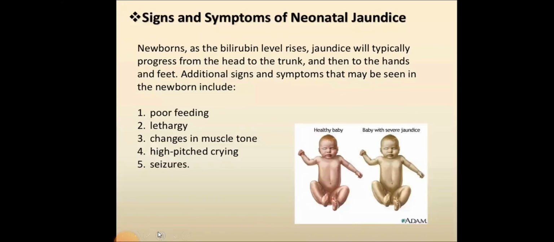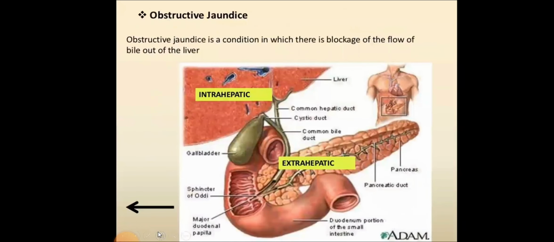The causes of jaundice. Too much bilirubin is produced for the liver to remove from the blood, for example, hemolytic anemia. That is what we said about prehepatic jaundice. Next is a defect in the liver, that means hepatic, that prevents bilirubin from being removed from the blood and conjugated with glucuronic acid.